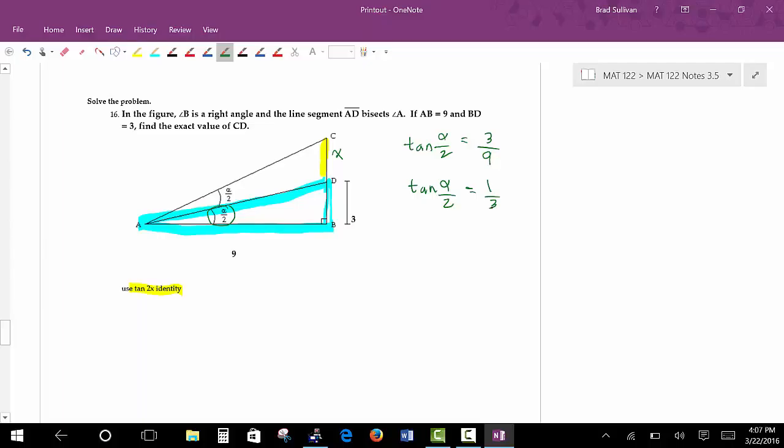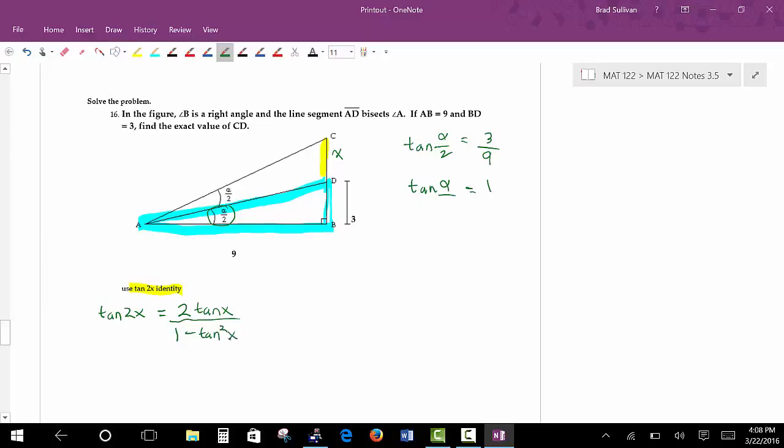Now, what we want to do is maybe use a double angle identity, because if we double these two angles, we're going to end up with this whole angle right here. So notice that the tangent 2x identity goes like this. That's the one that says 2 tangent of x all over 1 minus tangent squared x.